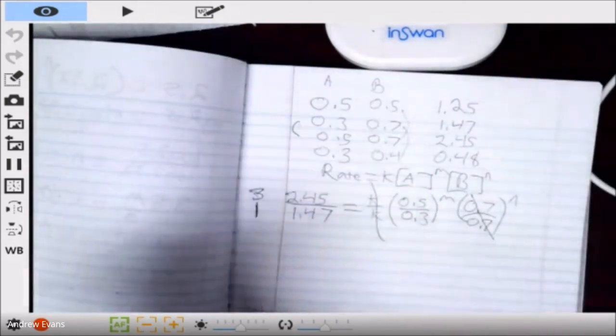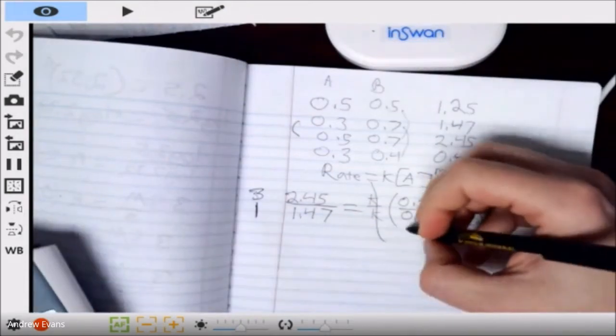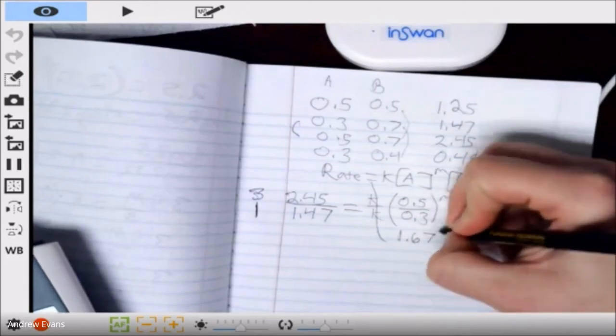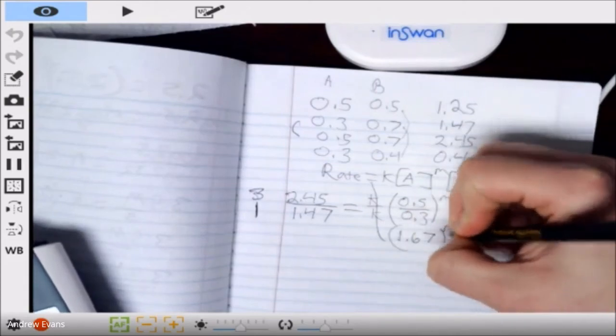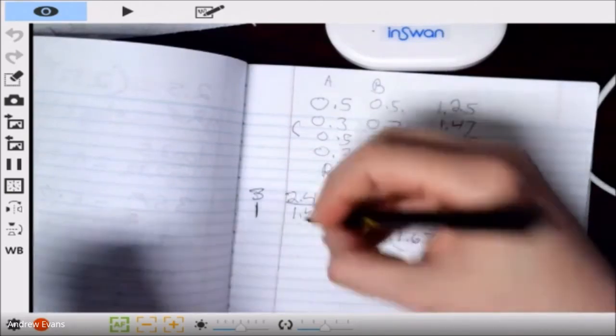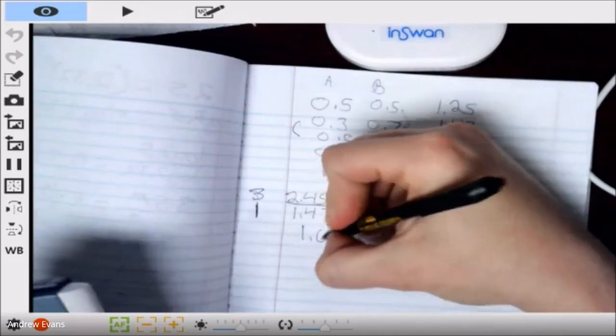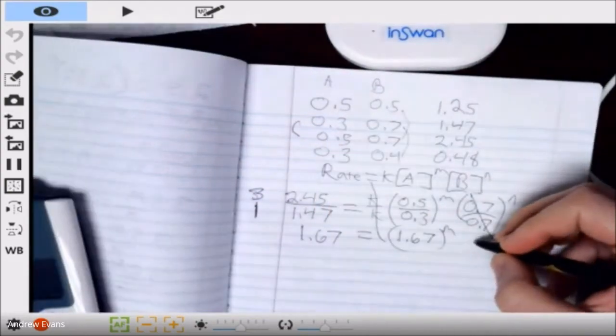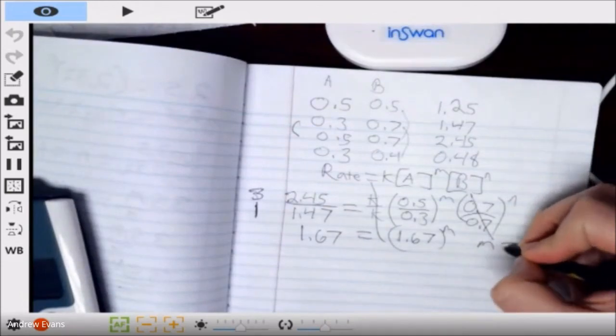So 0.5 over 0.3 is 1 2/3, or 1.67, to the M. 2.45 divided by 1.47 is conveniently 1.67. We're going to save ourselves a little bit of work and say M is equal to 1.